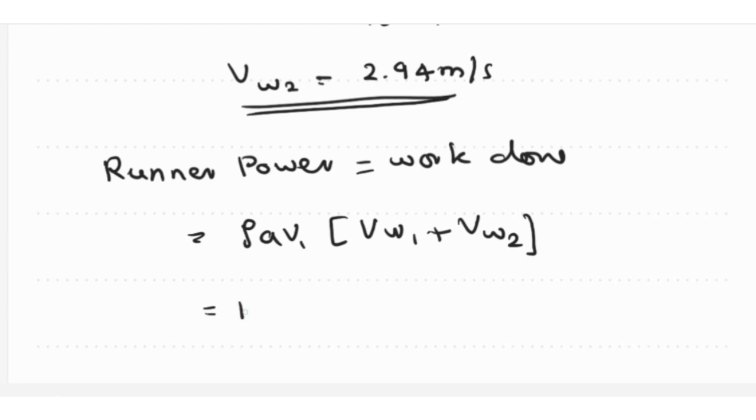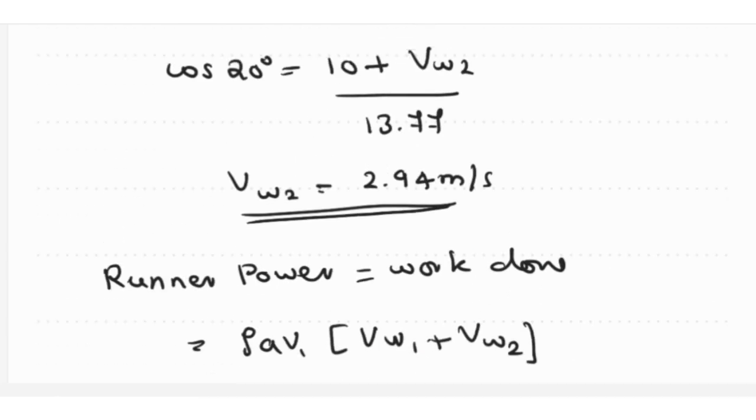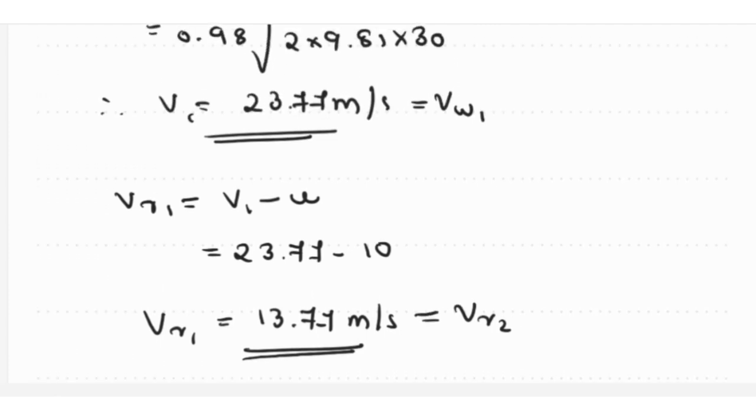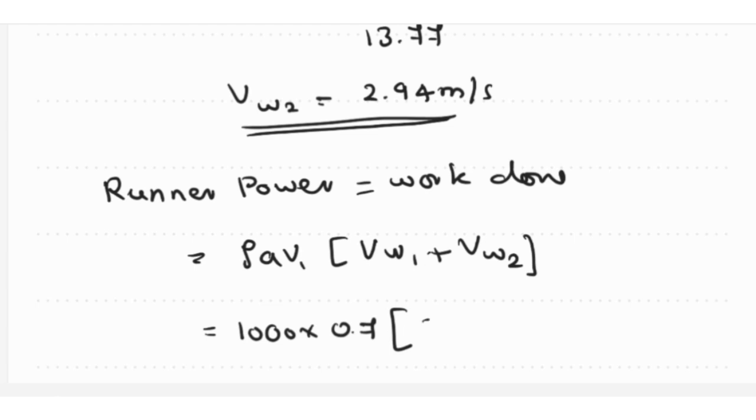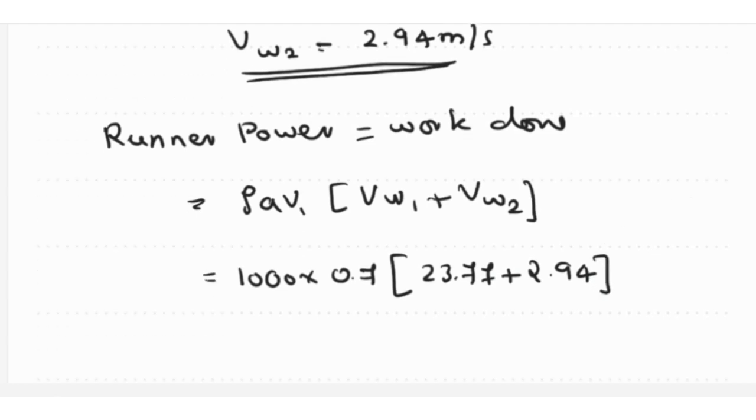So here 1000 into, we don't know the area, we know the velocity, but the discharge is known. So we can directly substitute in the place of A into V1 is equal to Q, which is 0.7. VW1 is 23.77, VW2 is 2.94, into U is 10.